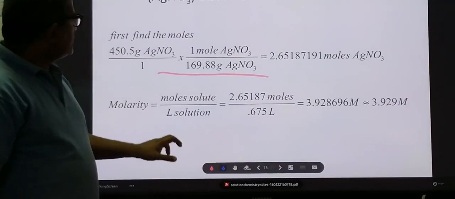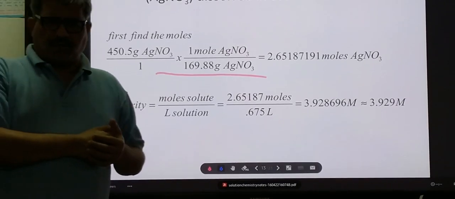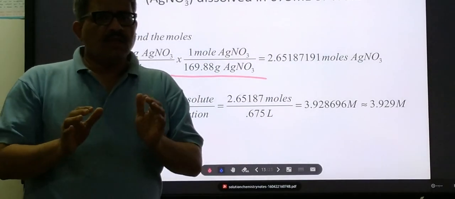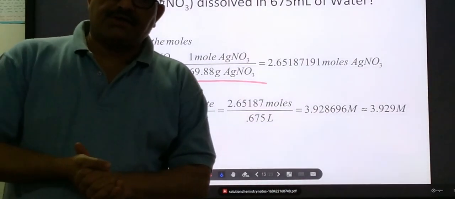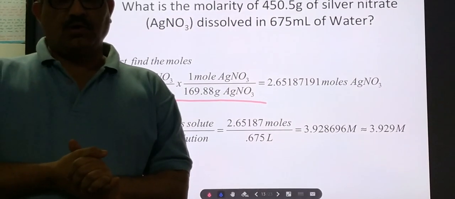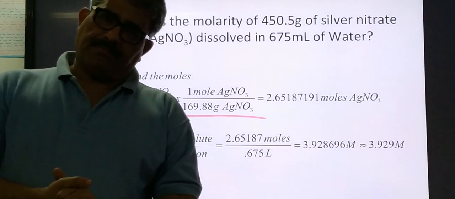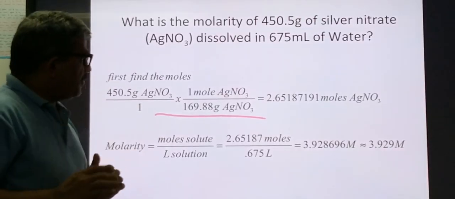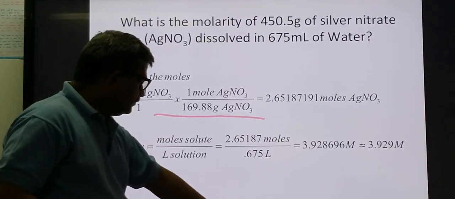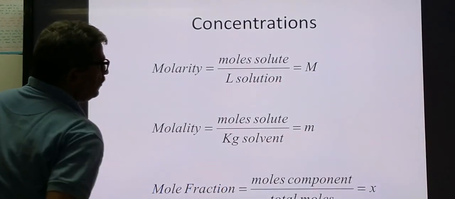Now, besides this, of course, we have come to numerical, but besides this, there are so many concentration terms like mass percentage, volume percentage, ppm.